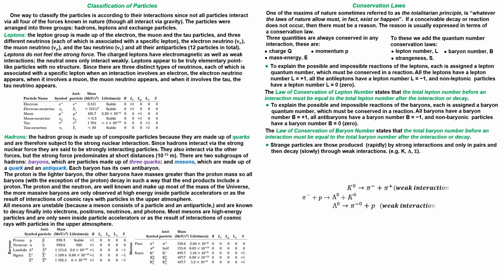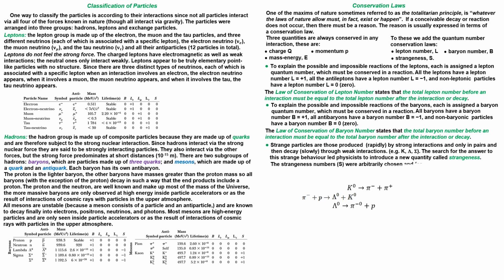The search for the answer for this strange behavior led physicists to introduce a new quantity called strangeness. The strangeness numbers were arbitrarily chosen and for some particles are given in the table on the left.